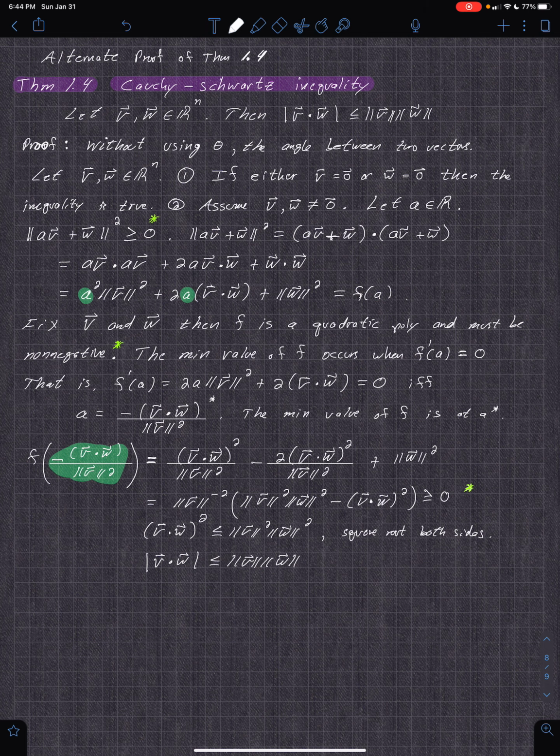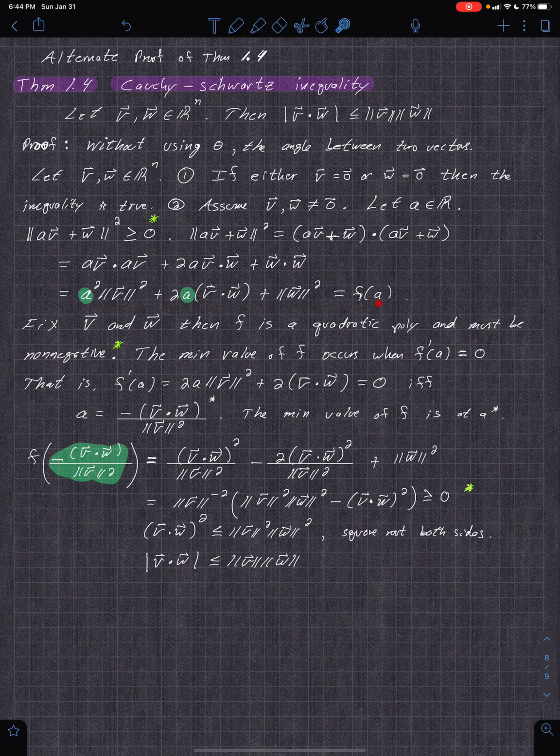So go through it again. It's a little different. It took me a while to find this proof because it doesn't sit with me very well to talk about angles between two vectors in 5 dimensions. So this is essentially saying this has to be positive. It's a polynomial.